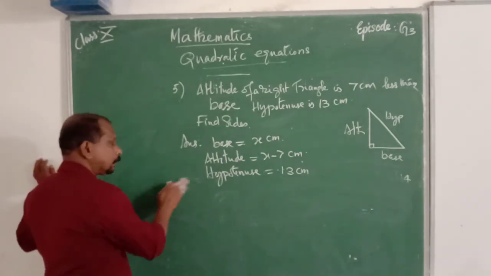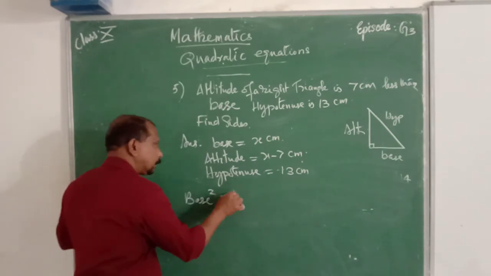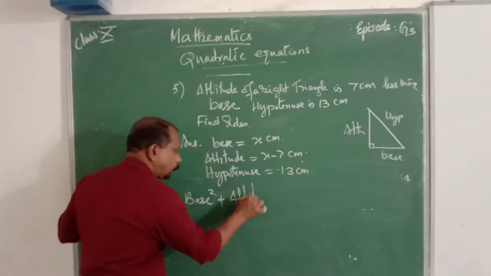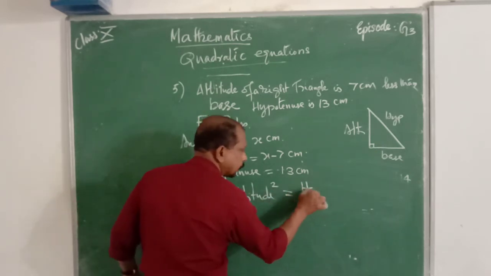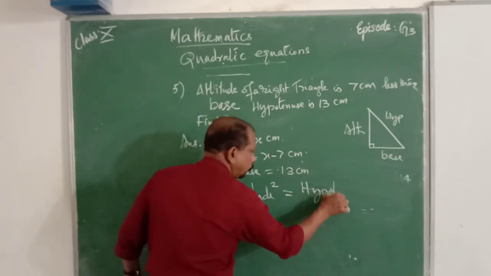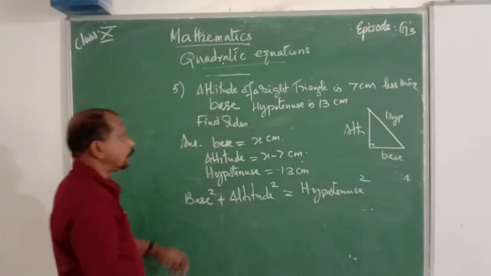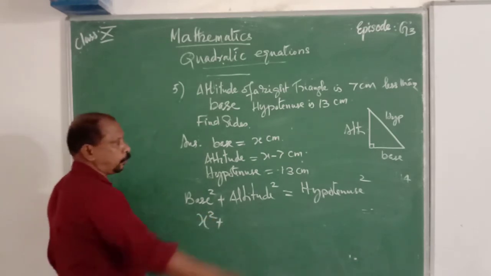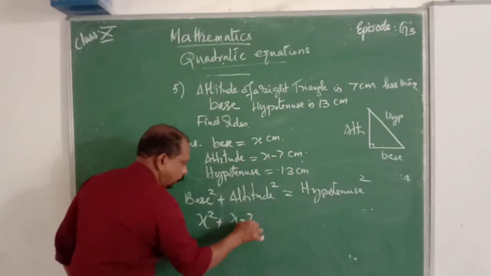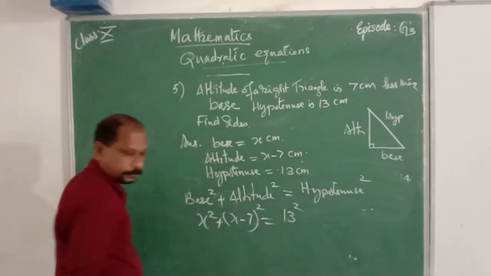It is base square plus altitude square is equal to hypotenuse square. That means base square, that is x square, plus altitude, that is x minus 7 the whole square, is equal to hypotenuse, that is 13 square.